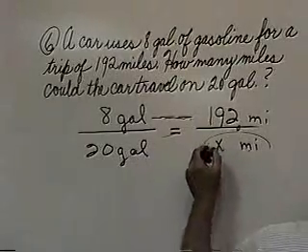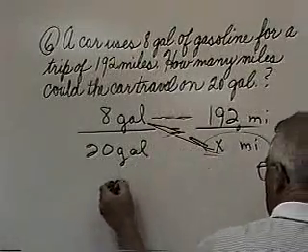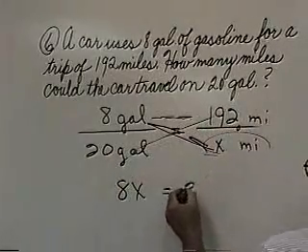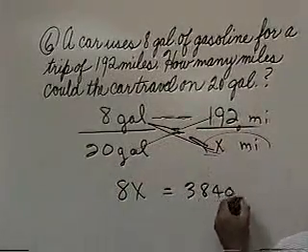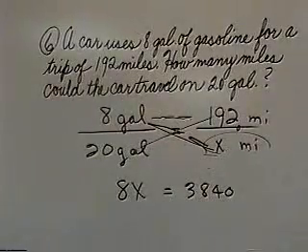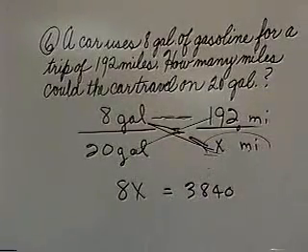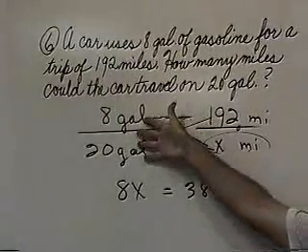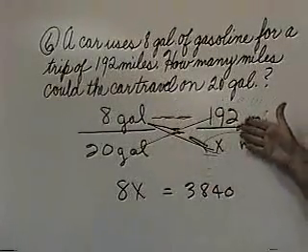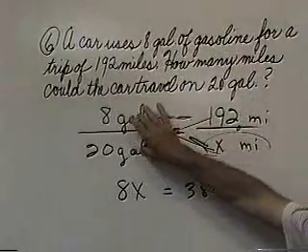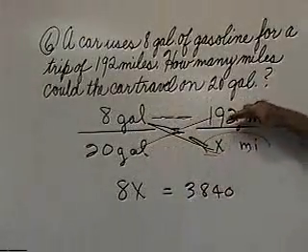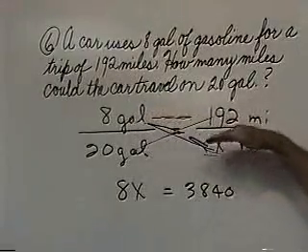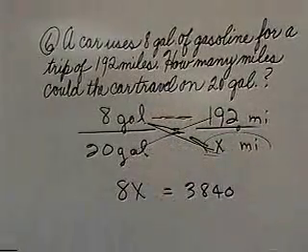But again, if you cross multiply, we get 8x. Cross multiplying, we get 3840. Same answer, same numbers, and so it doesn't make any difference whether you put same words over the same words. The key, though, is when you put same words over same words, and this is the connection of your comparison, your ratio, and this is your connection.